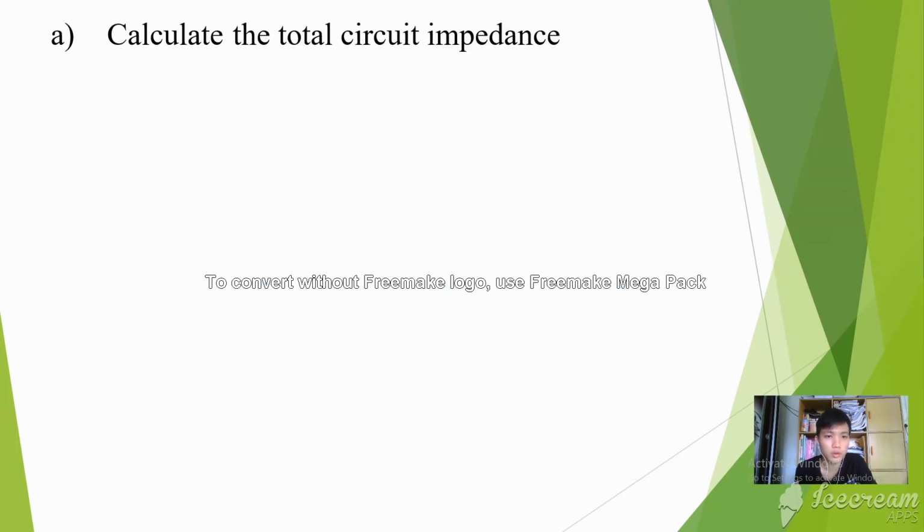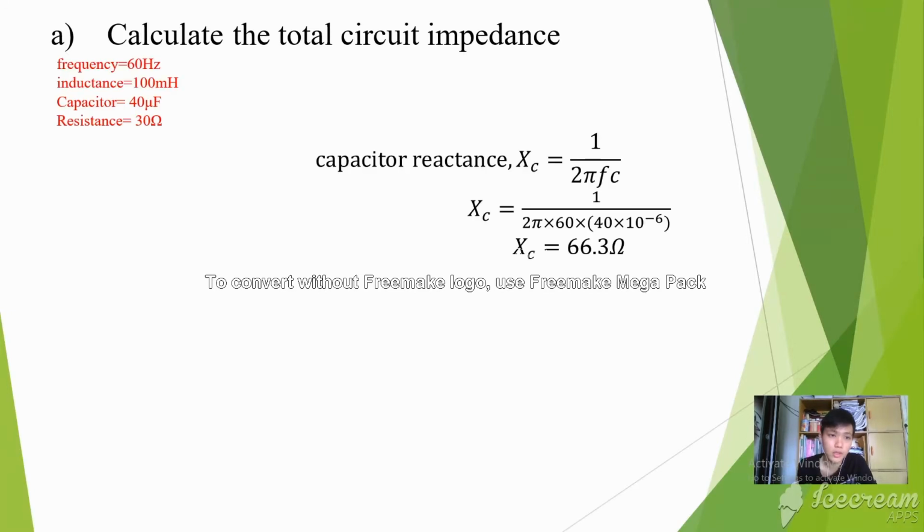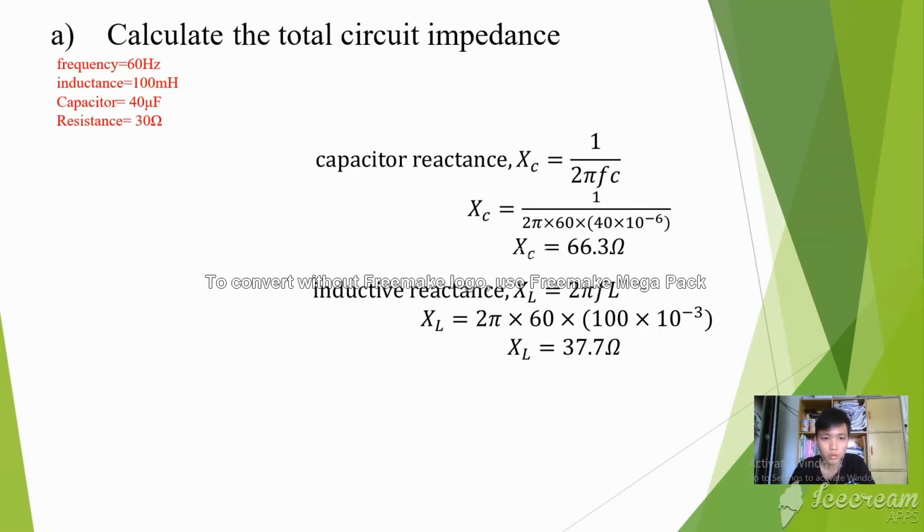First, we are going to calculate the total circuit impedance. We calculate the capacitive reactance and inductive reactance first. For the capacitive reactance, we use the formula 1 over 2 pi FC. The frequency is 60 Hz and the capacitor is 40 microfarads.